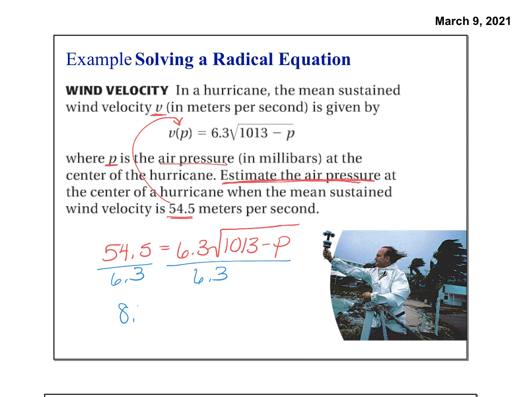So I get 8.7 is equal to the square root of 1,013 minus P. And then I'll square both sides. So now that I've rounded it, 8.7 squared is 75.69 is equal to 1,013 minus P.